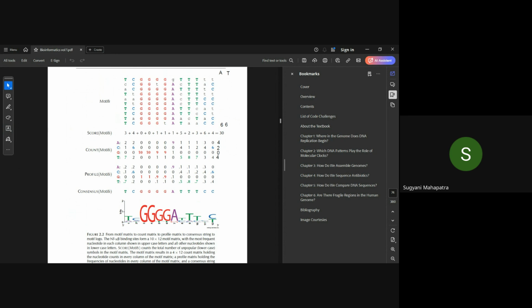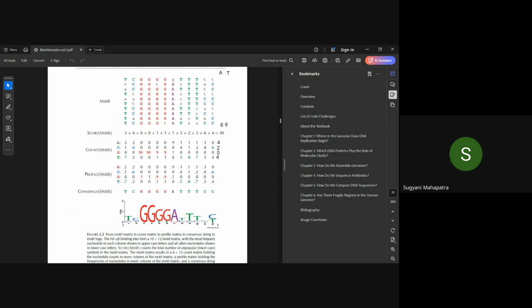It depends. Sometimes you may be asked what should be the values in these columns. Obviously, you will not be asked to write the entire matrix because this is an MCQ. But you may be asked what is the score at this position, what value should go in this particular position, or what is the consensus at this position.